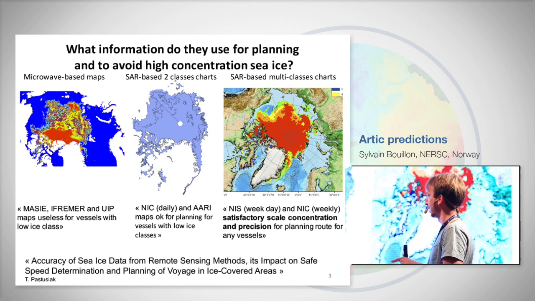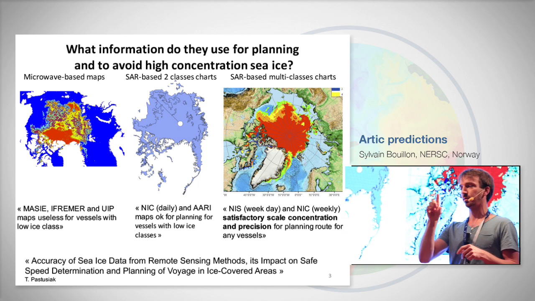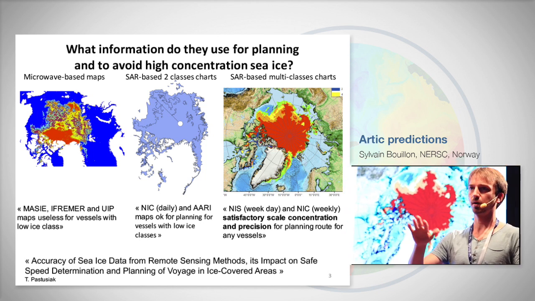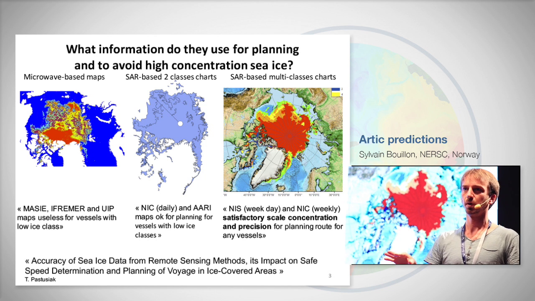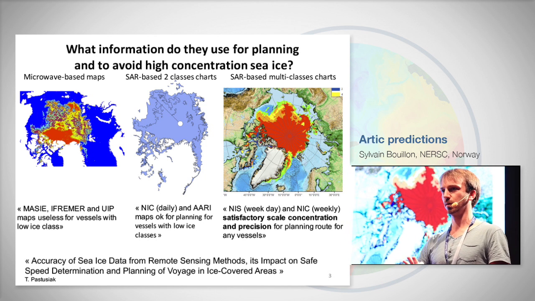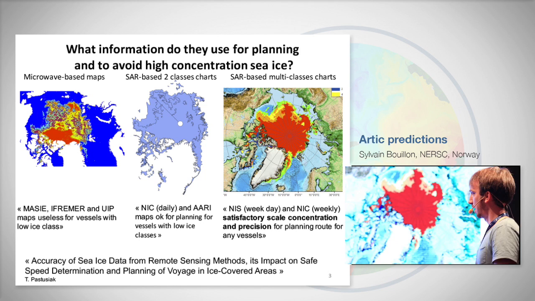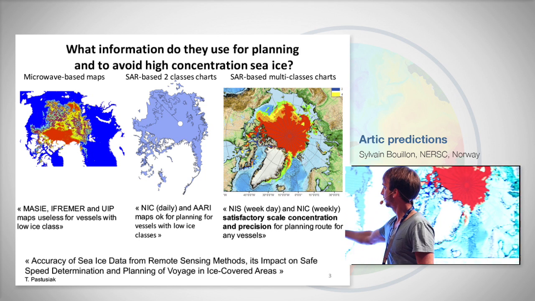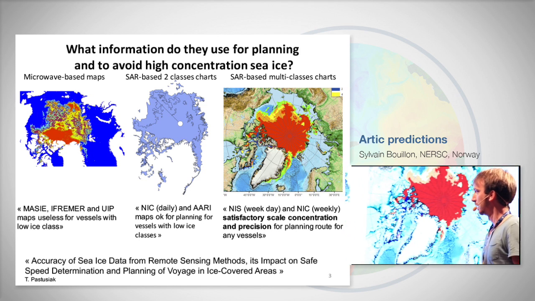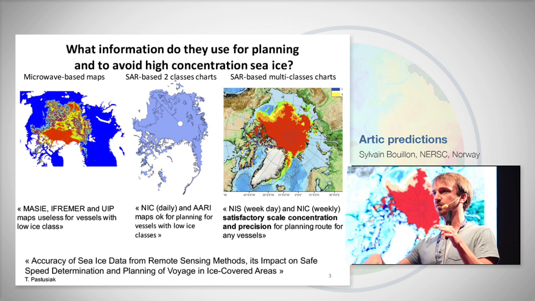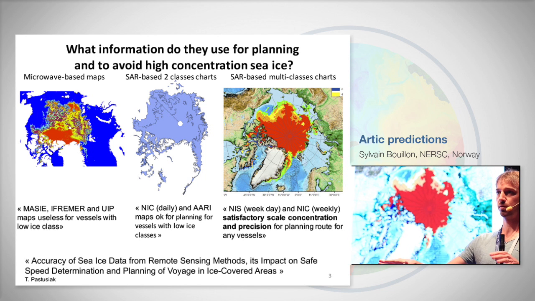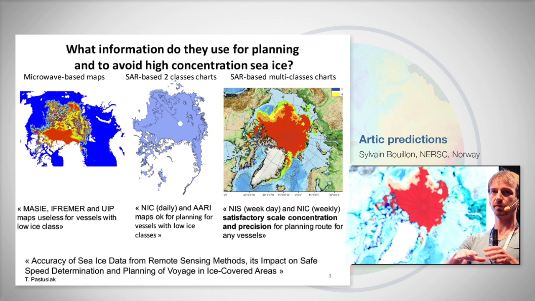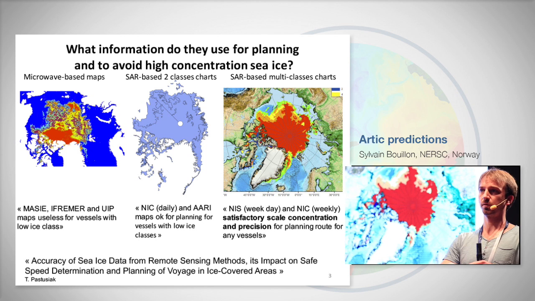That's one problem. The second problem is that when the ice is too thin, less than 50 centimeters, they also consider that there is no ice. And the third problem with the microwave-based data is that when there is a large variability, so low concentration somewhere, the signal is all mixed, and they also consider that there is no ice.